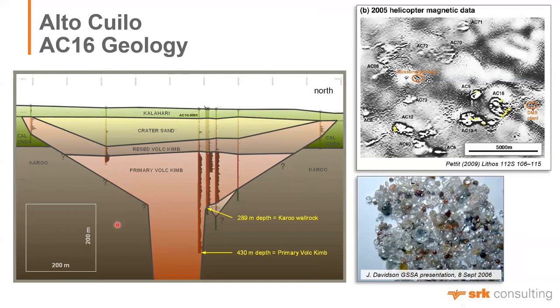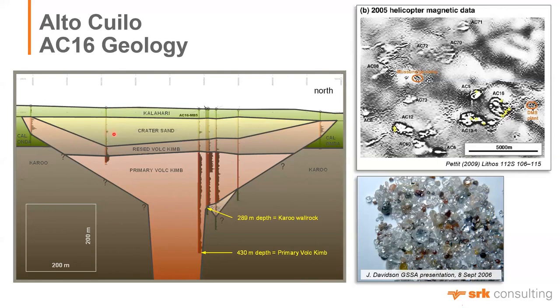And one of the things we've done at Altuquilo is we've relied a lot on magnetic logging. So you can see some profiles downhole of the magnetic signal of the kimberlite as we logged it. Obviously, the Kalahari sand has no magnetic signal. The crater facies sands have very little, but here and there you can see little bits of kimberlite.